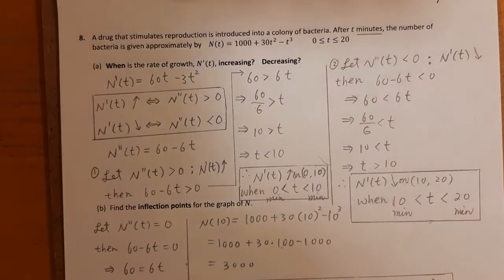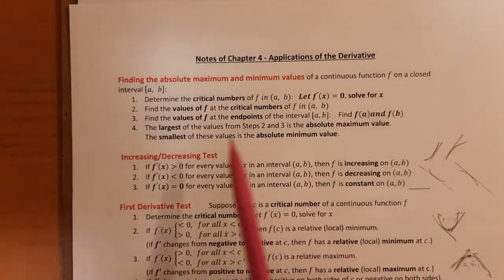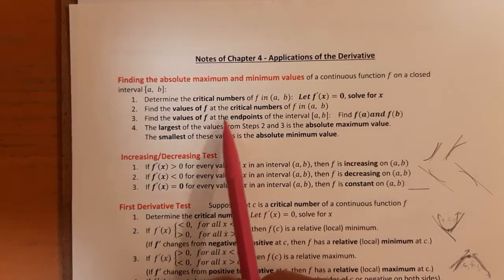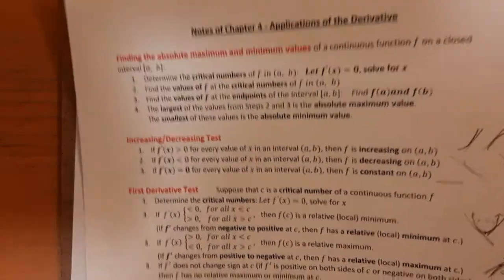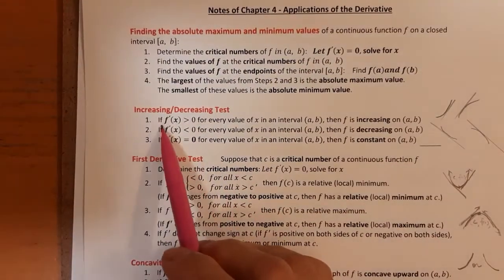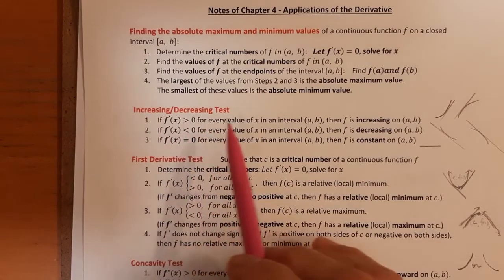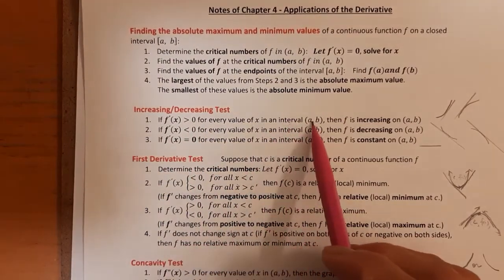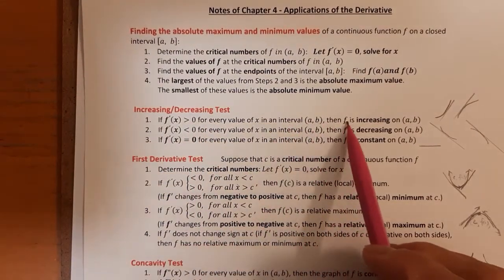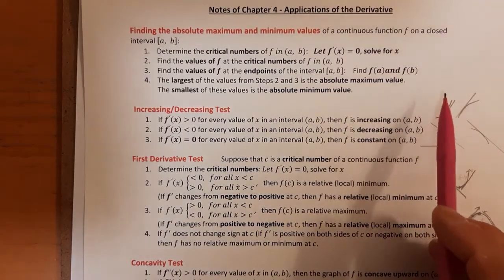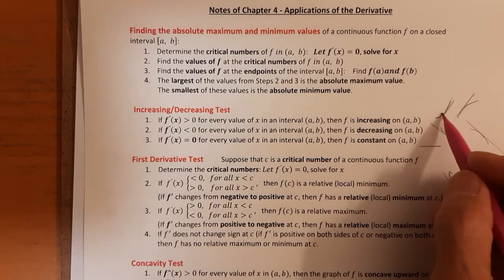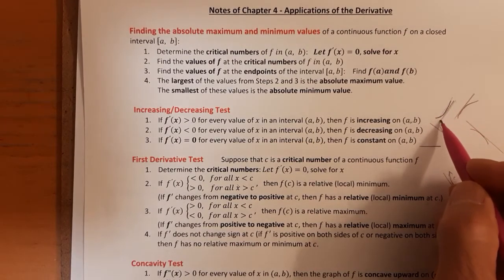So we have to use the increasing-decreasing test. If the first derivative is positive for every value x in an interval (a,b), then f is increasing on the interval (a,b). The first derivative is the slope of the tangent line.